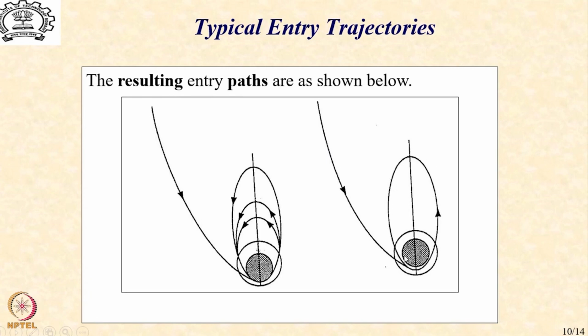And once you have formed the elliptic orbit, either you can use the residual propulsion to directly reduce the velocity such that E square is less than 0, or you can allow multiple passes such that the trajectory becomes closer and closer until it reaches a point where E square again becomes less than 0, and then the vehicle falls back to Earth.